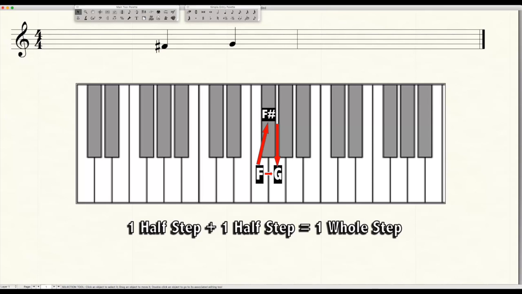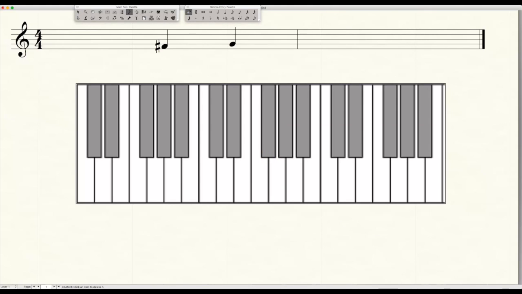Okay, so that was F sharp to G, but we can do this a little bit differently. I'm going to get rid of our notes again. And this time, instead of F sharp, I'm going to put F back in, and then I'm going to use G flat. Okay? So you'll see this note is now called G flat.